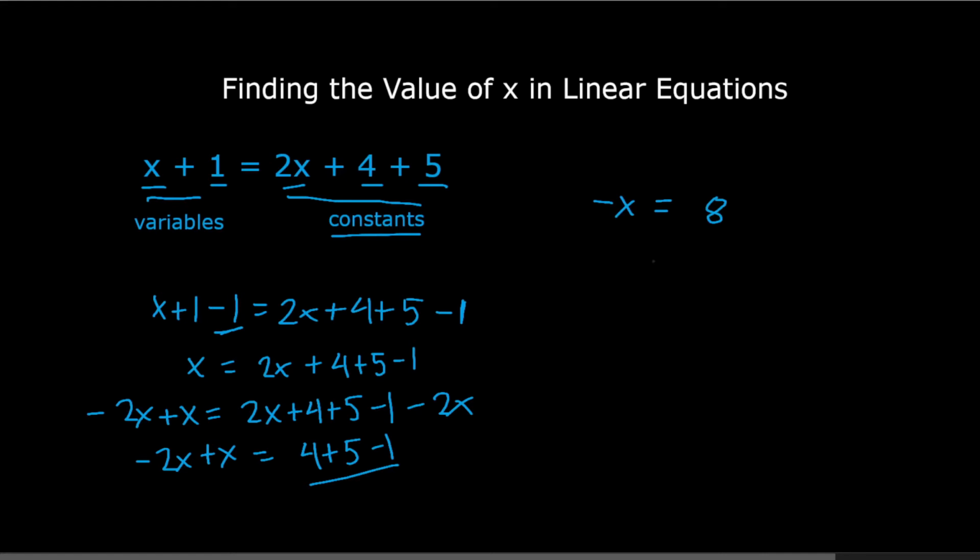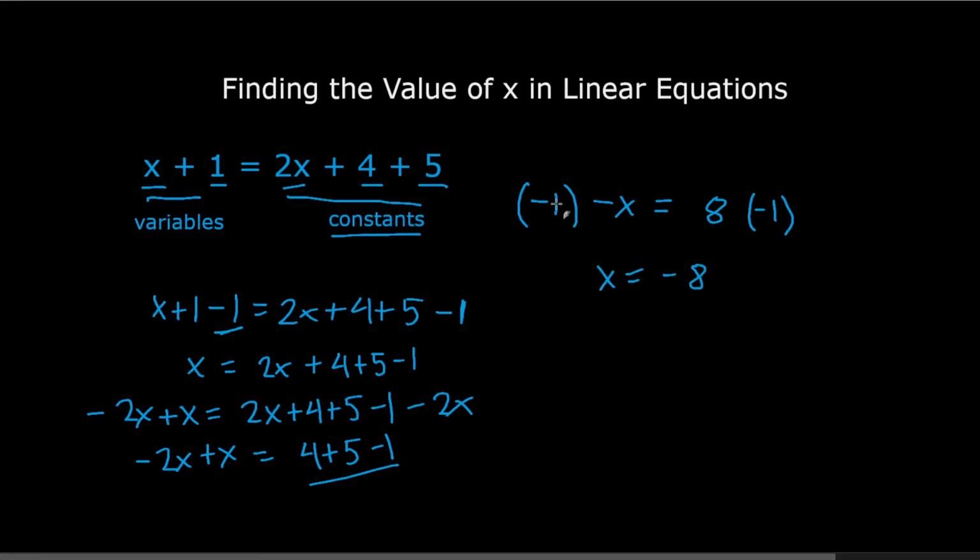Pero ang nakuha natin is negative x. Pero pwede naman natin tong i-convert sa positive. So, kailangan lang natin mag-multiply ng negative 1. So, simplify lang natin. Negative 1 times negative x is just equal to x. And then, 8 times negative 1 is equal to negative 8.